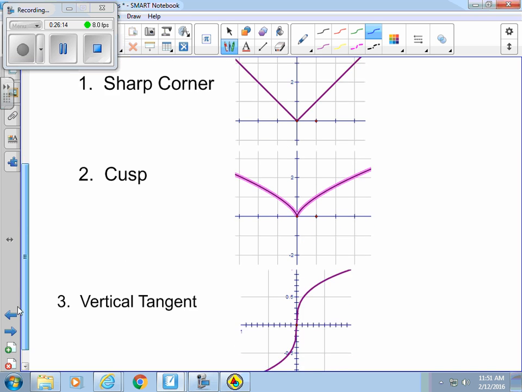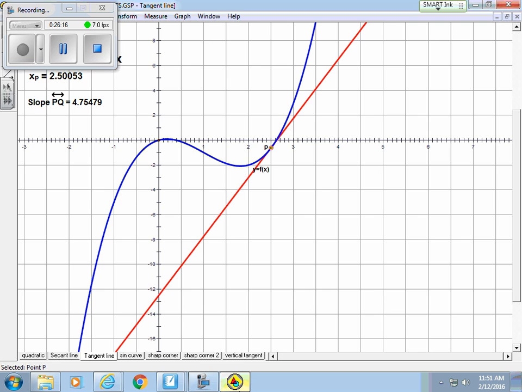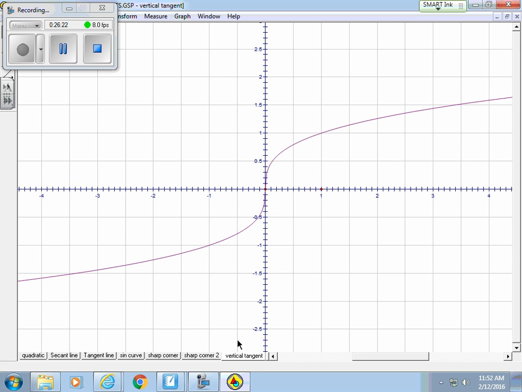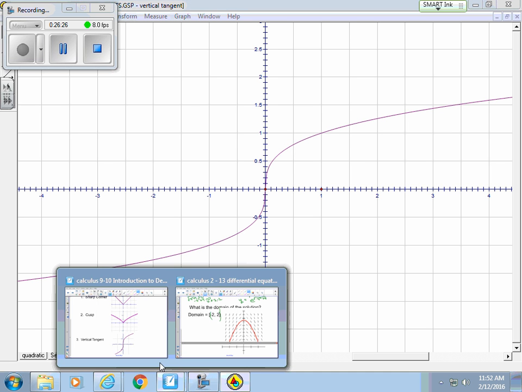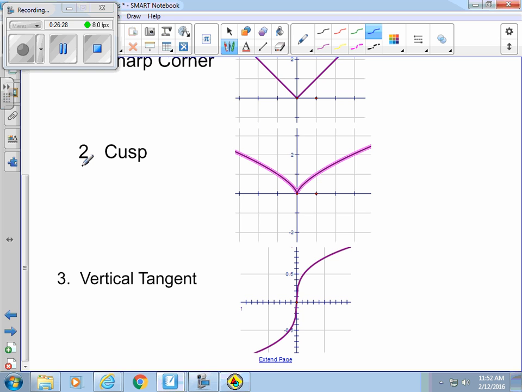The third is a vertical tangent. I don't have a tangent line up there. Well, I'll just use the other picture then. Okay, so I'm going to look at if I had a tangent line on here. So down here I have a tangent line.